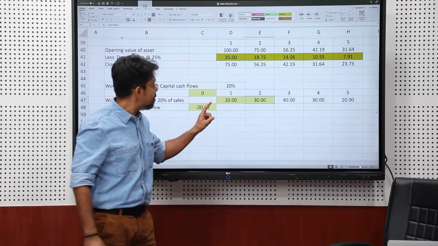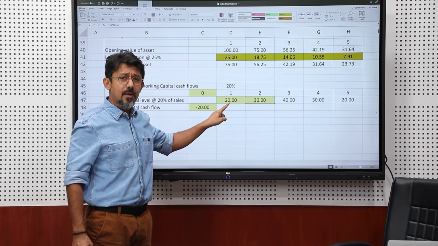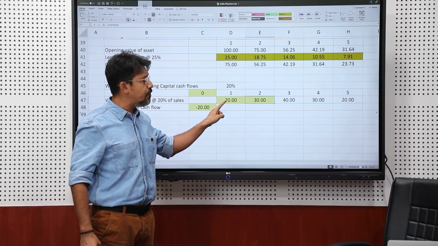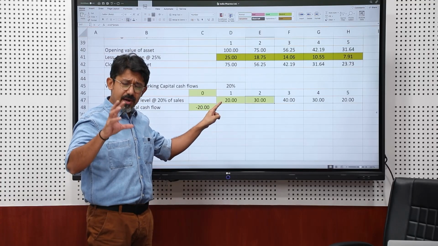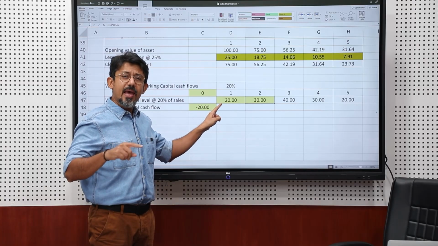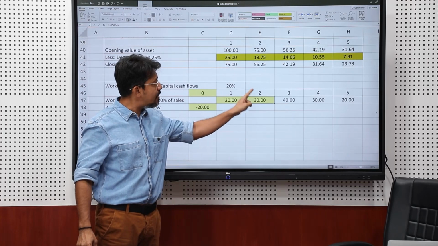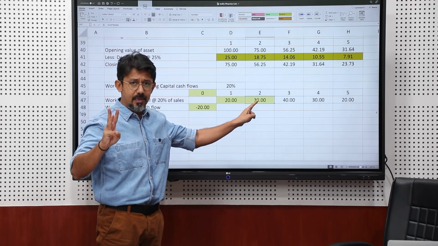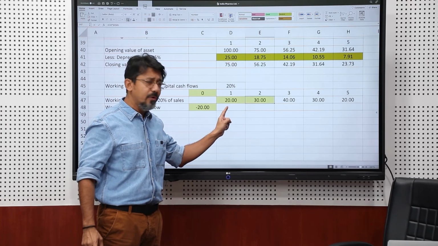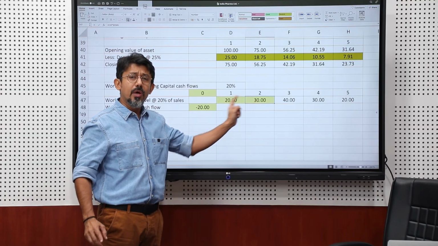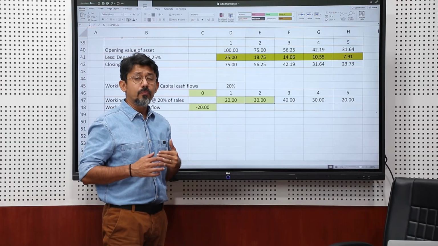So, for this 20 million, I invested 20 in year 0. So, the level of working capital, which is current assets minus current liabilities, at the end of year 1 in my business is 20 million. If I want the level of working capital to go to 30 million, I will have to invest something at the end of year 1, so that at the end of year 2, it goes up to 30 million.